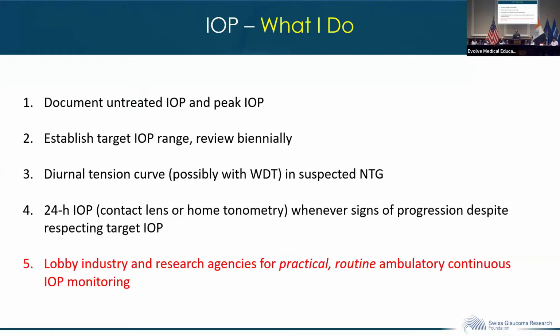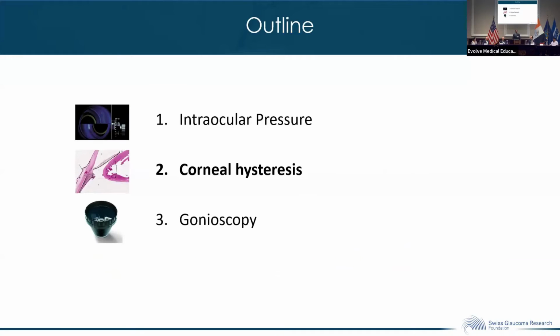And those patients who seem to progress despite normal pressures, whenever possible, we try to perform 24-hour monitoring. We have the contact lens sensor available, or we give them the iCare Home tonometer for their own measurements. And in my spare non-clinical time, I try to lobby industry and research agencies to put some money and effort into developing practical, routine, ambulatory glaucoma IOP monitoring, because I think we really need that to treat patients better.